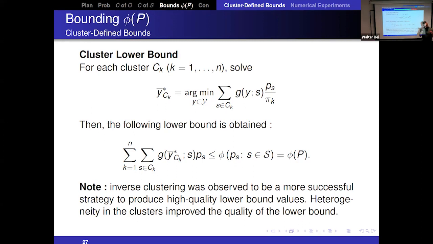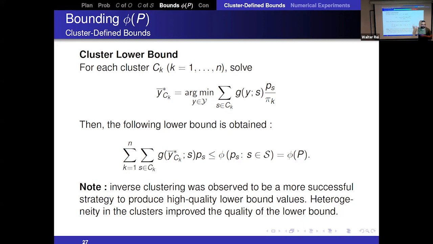Suppose that you solve for all of the solutions we saw previously, the Y star S1, 2, 3, etc. If you then compute the expected value of using all of those solutions based on all of their associated scenarios, that is a lower bound. It's a lower bound based on knowledge of the future, so you relax those constraints. You assume now that you're able to predict perfectly.